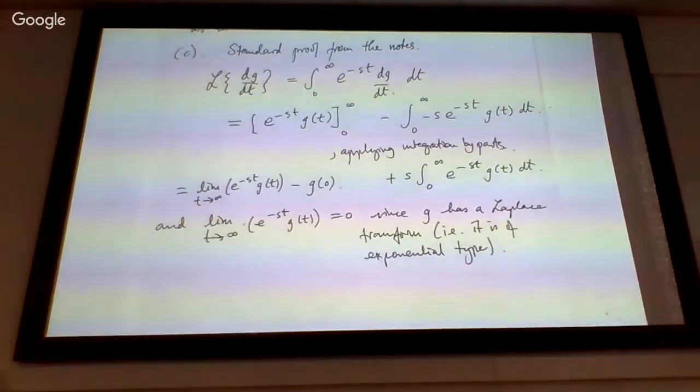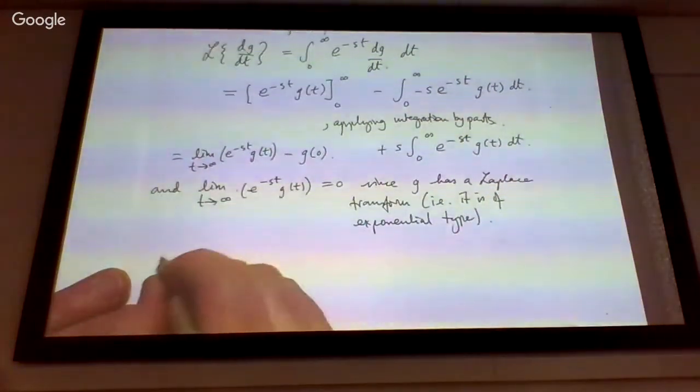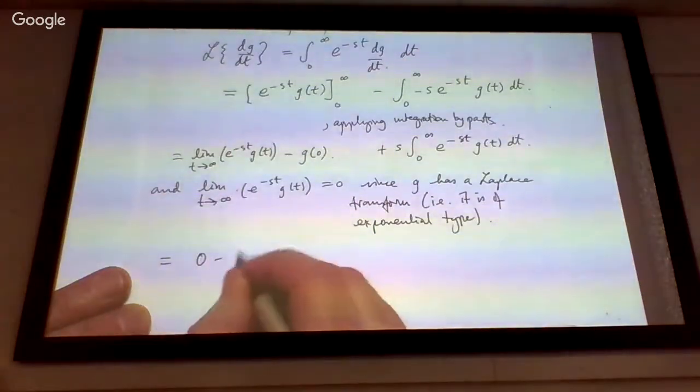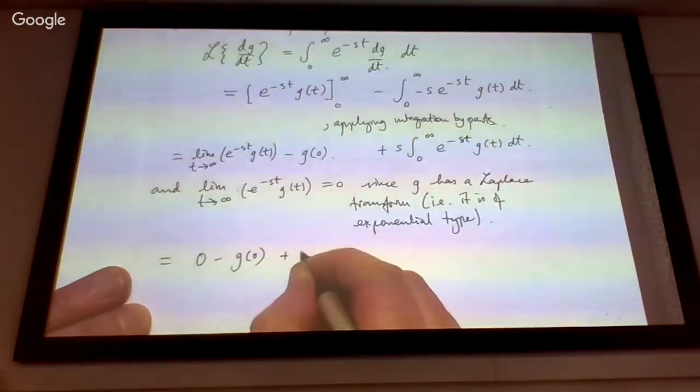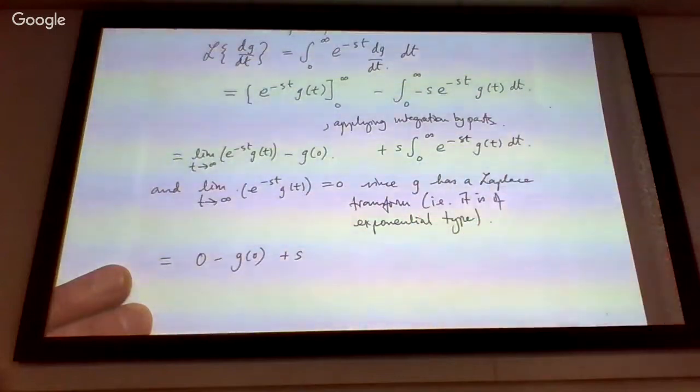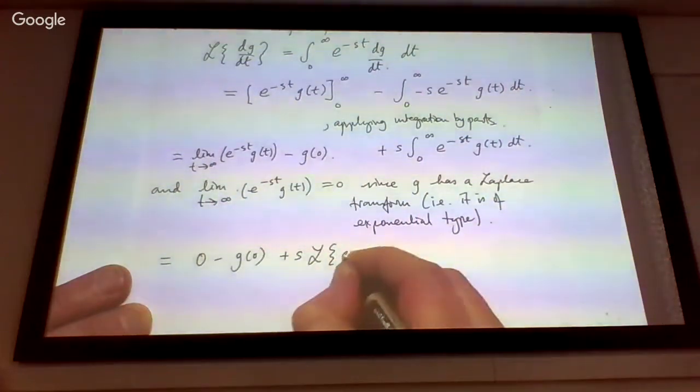Okay. So if that's just a comment there, continuing the equation gives us 0 minus g of 0 plus s times, and then we recognize that integral as the Laplace transform of g.